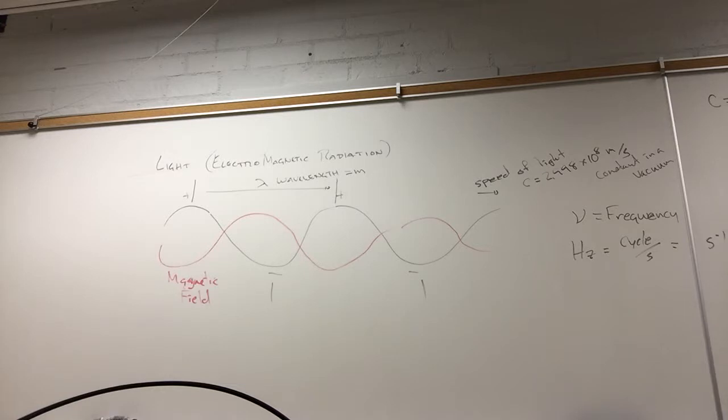And so this comes out as hc over lambda. And so the longer the wavelength, the lower the energy. High energy light is typically high frequency, short lambda, whereas low energy light is going to be lower frequency, longer wavelength light.